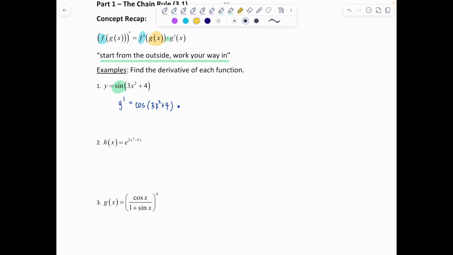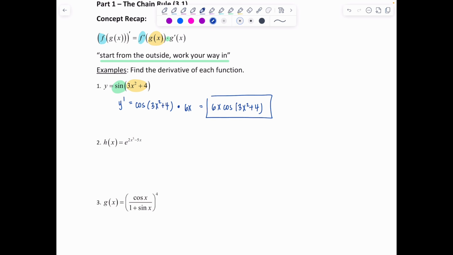So the next layer or the next function inside the composition is 3x squared plus 4. Derivative of 3x squared plus 4 is just going to be 6x. And then this looks a little ugly. I would put the 6x in the front, and then you have cosine 3x squared plus 4. Good? Okay, let's box that up.